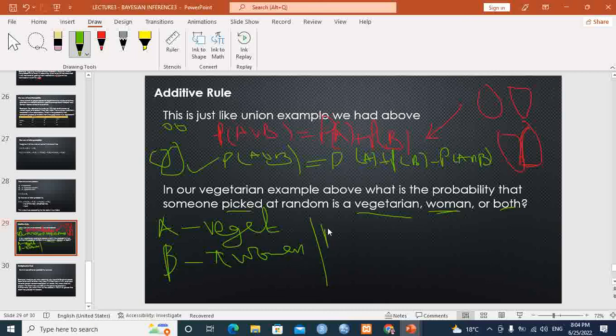So in this case, we say the probability of A, someone being vegetarian, or B, or both, is equal to the probability of A plus the probability of B, but this time round it should be a minus the probability of A intersection B. So you must get rid of the part they are sharing.